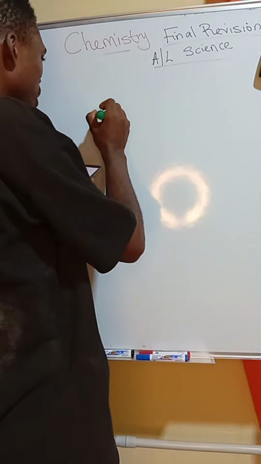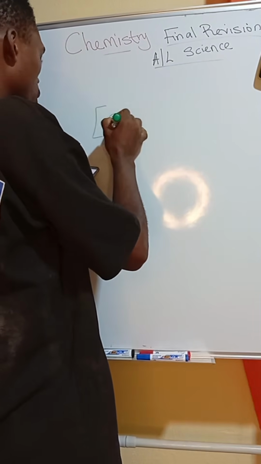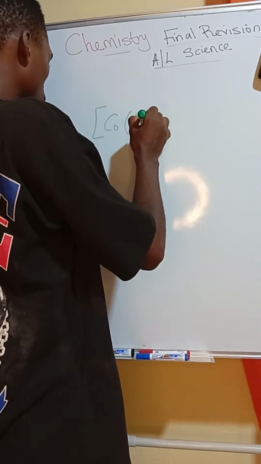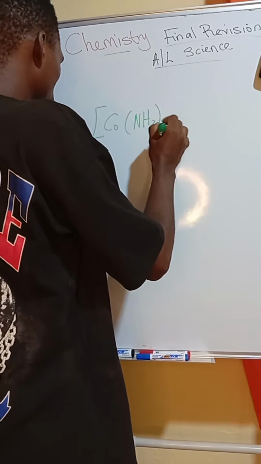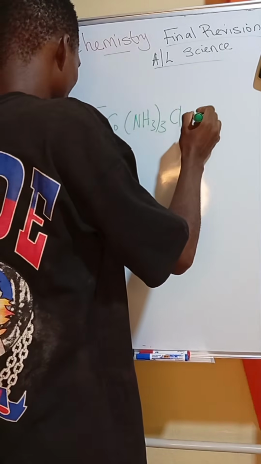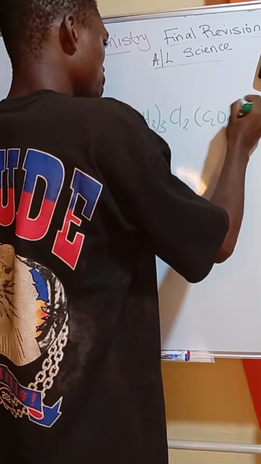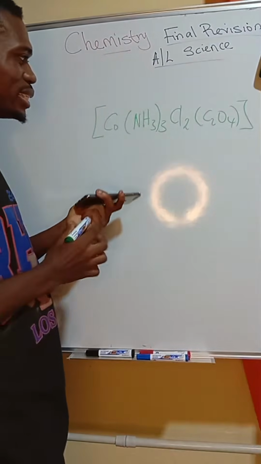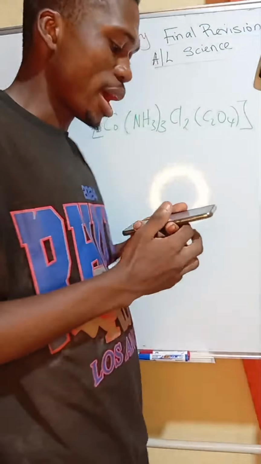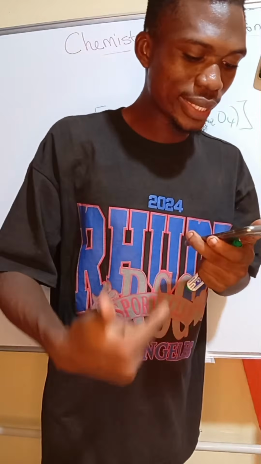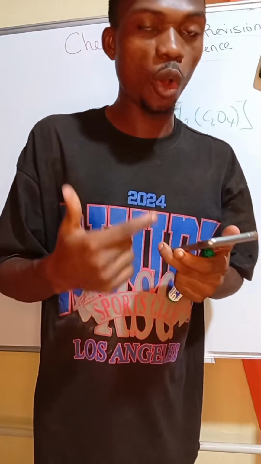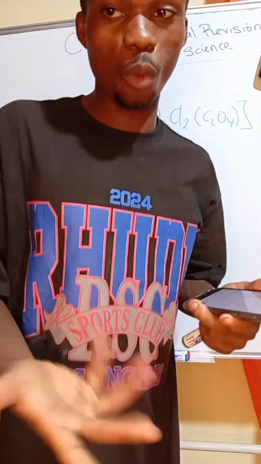We are given a complex ion like this. This is the complex ion that we have, and the first question wants us to calculate the oxidation number, or oxidation state, of cobalt.